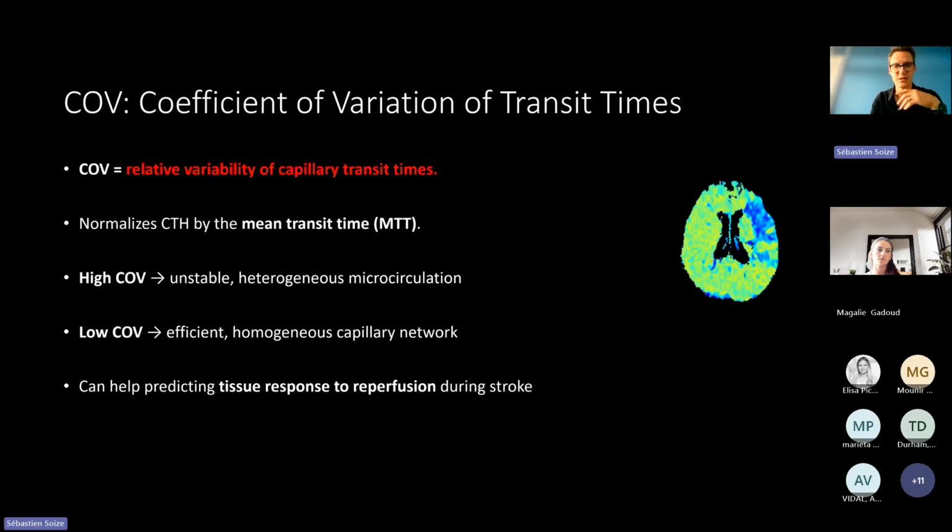And if it's a low COV like here, you got kind of a good capillary network. So it's complementary to the CTH. Actually, it has been less explored, but it should be, to see whether it can help also to define if there's some microcirculation injuries or malfunction.